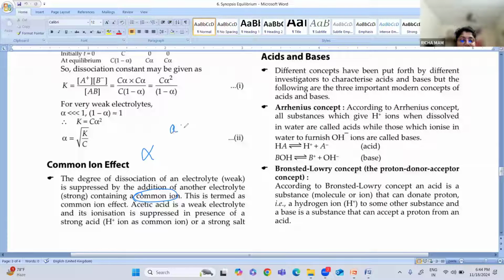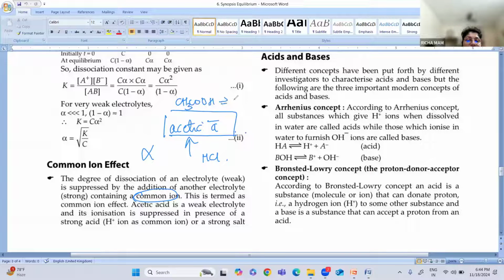Suppose we have acetic acid, a weak electrolyte. Its ionization is suppressed when you add a concentrated strong acid like HCl.